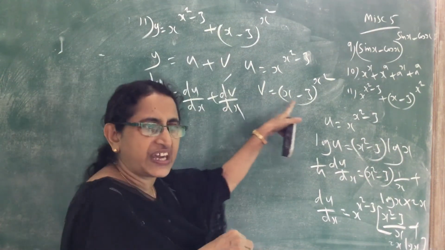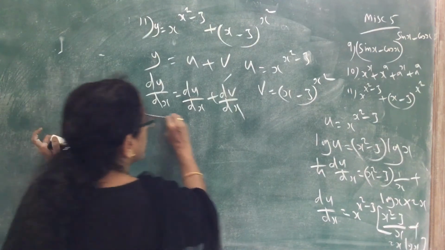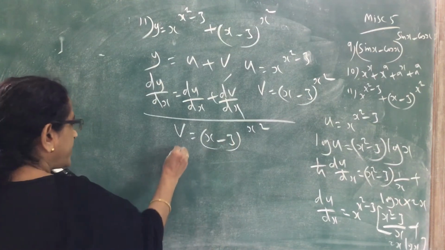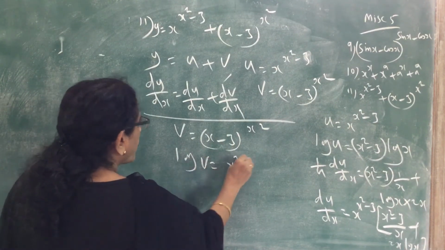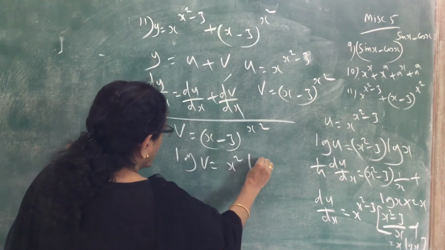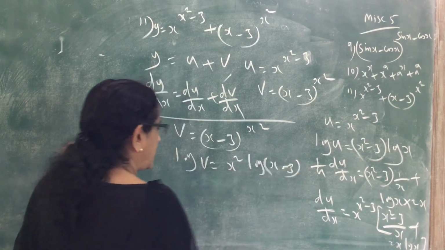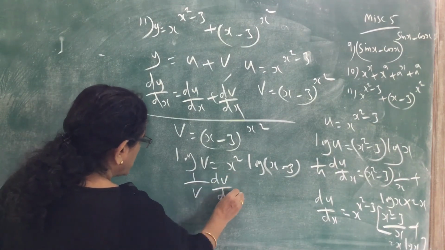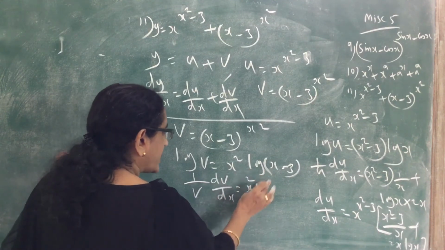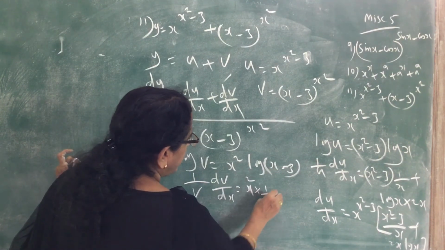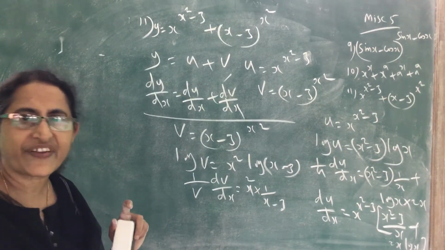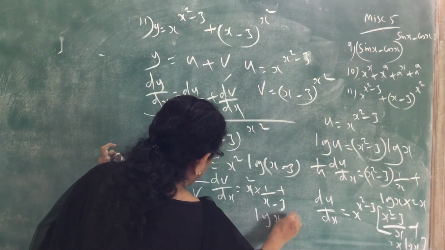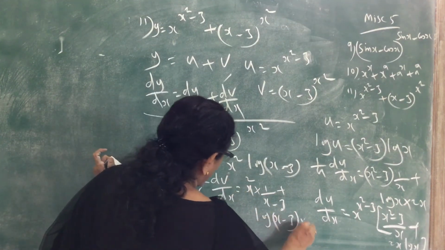Now similarly from v, you have to find dv by dx. Now we will consider v. So v equals x minus 3 all raised to x square. Take logarithm. Log v equals x square, first write the power x square, log of x minus 3. Now differentiate. 1 by v dv by dx is equal to, by the product rule, x square into the derivative of log x minus 3, that is 1 by x minus 3 into the derivative of x minus 3, that is 1, then plus log x minus 3 into the derivative of x square, that is 2x.